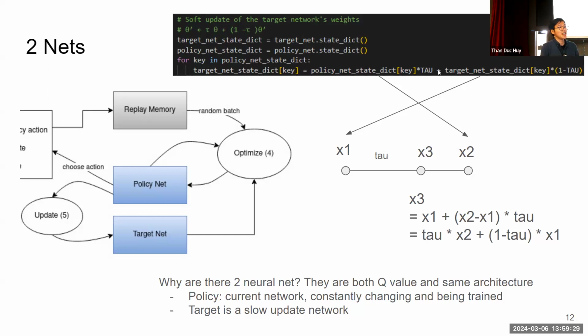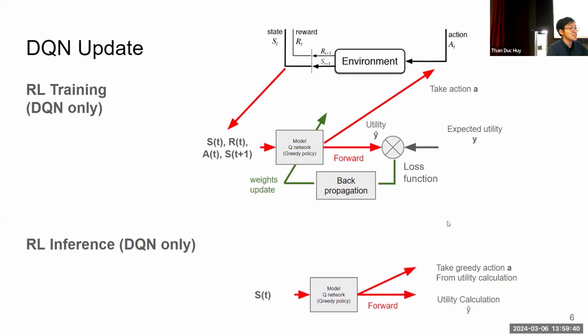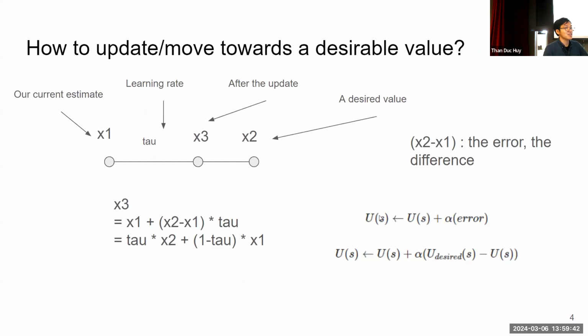So if you see, tau and 1 minus tau is this one. It's a different version. Just now we are using this upper version. If you recall, the upper version is: a new update is our current update plus the learning rate times the error. That is the top part.